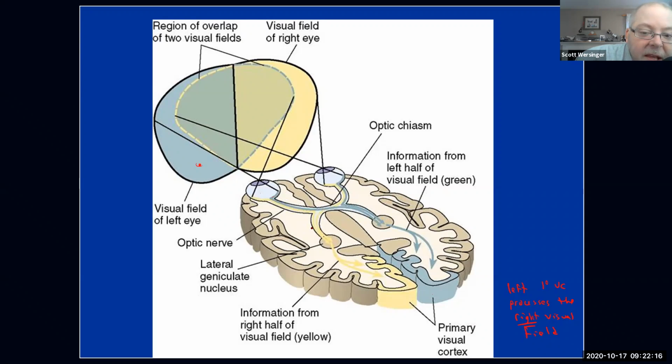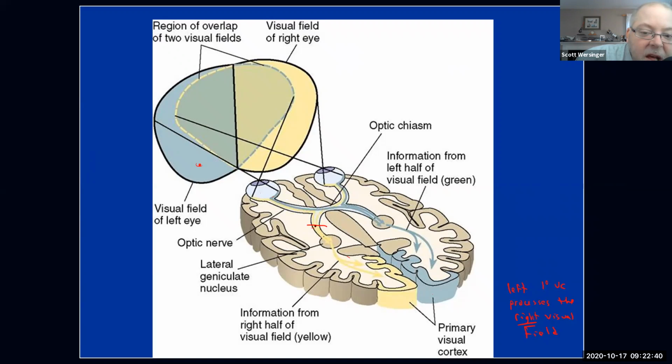What would happen if I cut the optic tract? Remember, from the optic chiasm to the lateral geniculate nucleus, it's called the optic tract. What if I cut the left optic tract? Now information can't get to the geniculate or to this primary visual cortex. So what information do I lose?